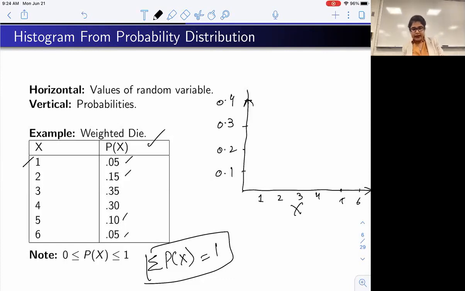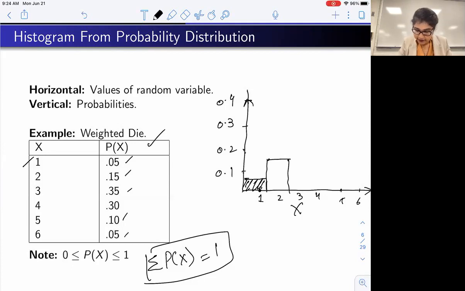So what is the probability of 1? It's 0.05. So it will be something like here. This is for 1. The probability for 2 is 0.15, so it will be between 0.1 and 0.2. This will be the probability for 2. What is the probability of 3 in this given chart?